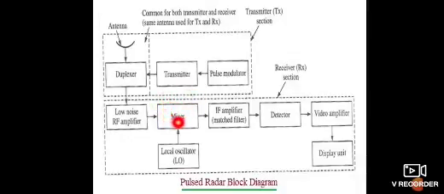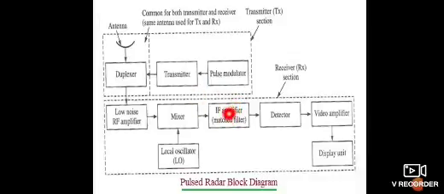The mixer gives the difference or the sum. The difference frequency should be in the intermediate frequency range. That intermediate frequency is given to the IF amplifier, which amplifies the signal, so the signal strength is increased in this stage.